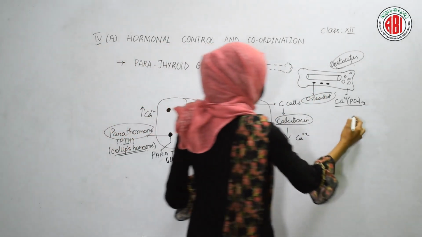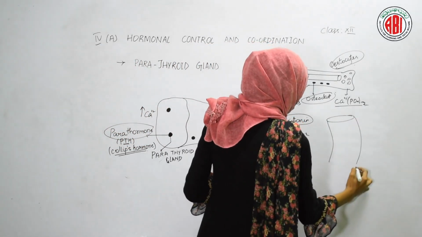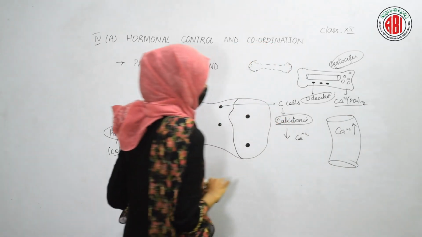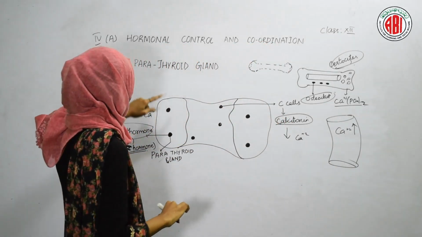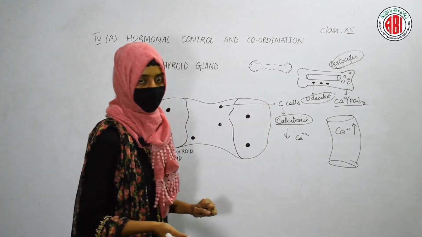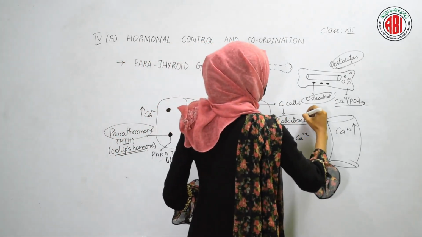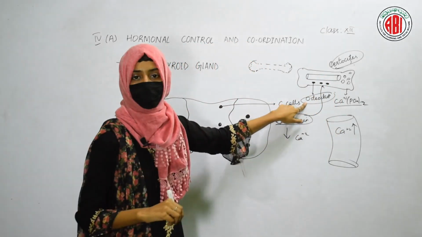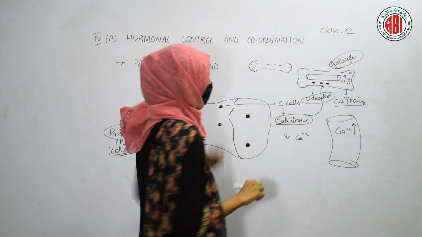Now, if the level of calcium in the blood increases, at that time calcitonin is released by the C cells. This calcitonin will come and act on these osteoclasts. What does it do?